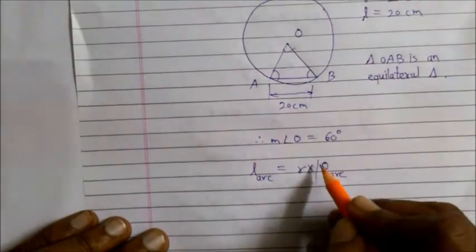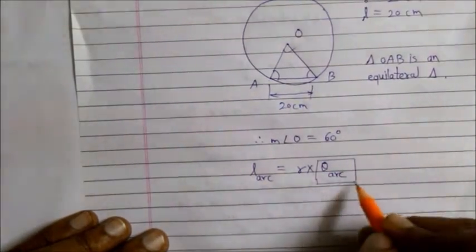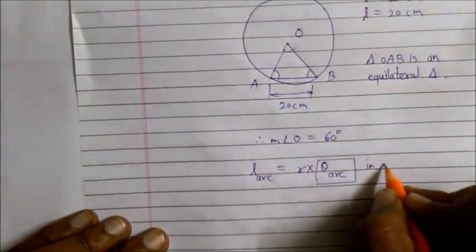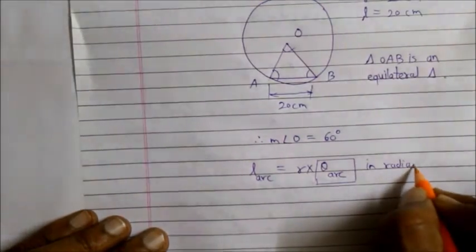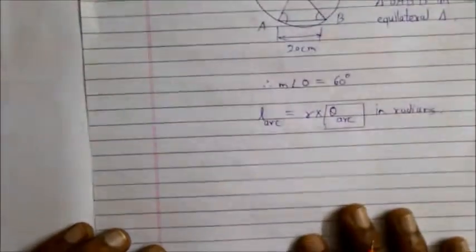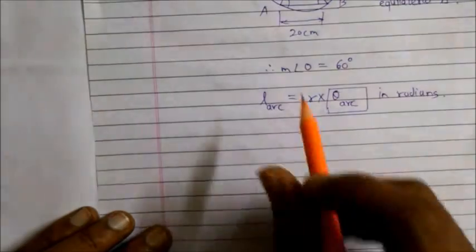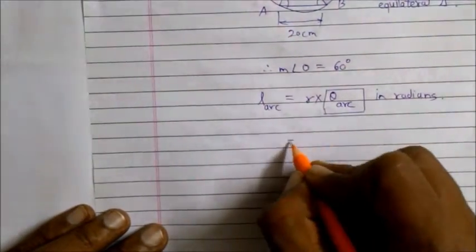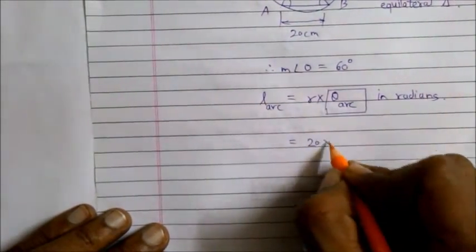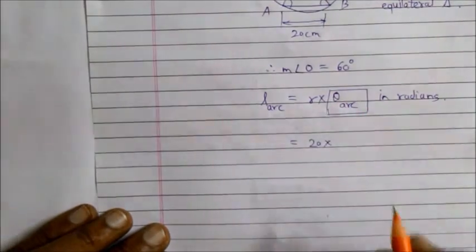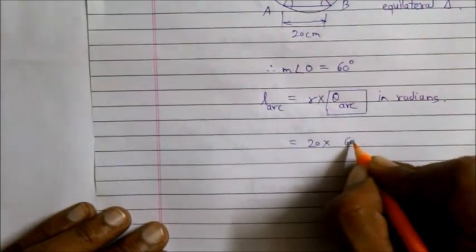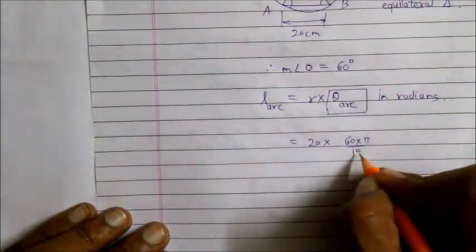Now I am again highlighting this: this theta arc is in radians. Therefore, the length of this minor arc will be 20 times theta arc in radians, which is 60 times pi by 180.